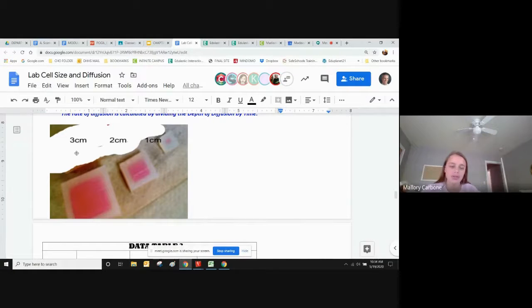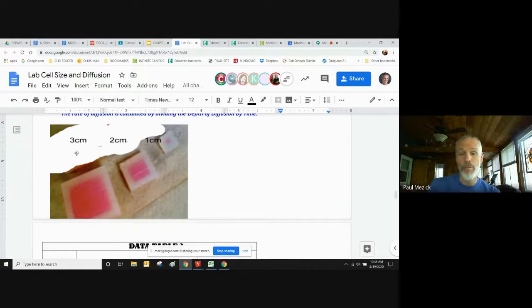Well, there's more, like, based on what it looks like, or what? No, like you're trying to explain to someone, and someone says, how is it possible that this cube allowed more nutrient by percent? If we look at the percentage of it, the pink is very small here. So most of this cube received nutrient. It almost got to the center of it. Whereas the larger cube, by percent, very little percentage of it received the nutrient. So how would you explain that?